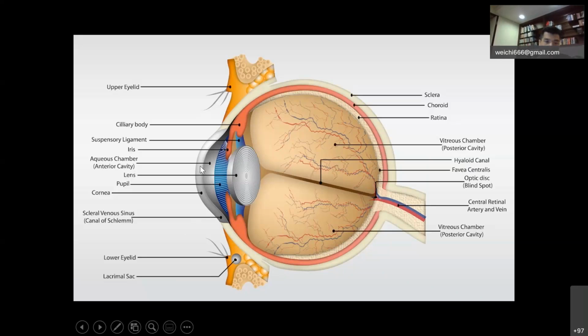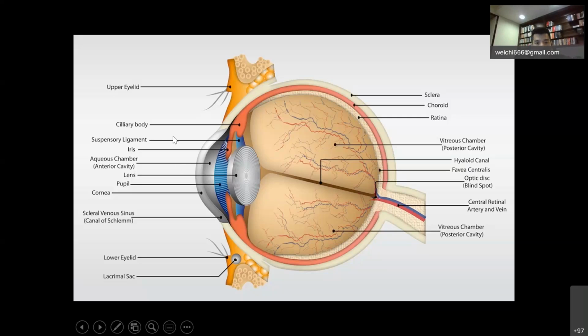And as we go from the anterior part to the middle and the backward of the eye, you could see that you pass through the anterior chamber. Then you have lens. Then you have vitreous, and on the back of the eye, you have the retina. And finally, you have the optic nerve.